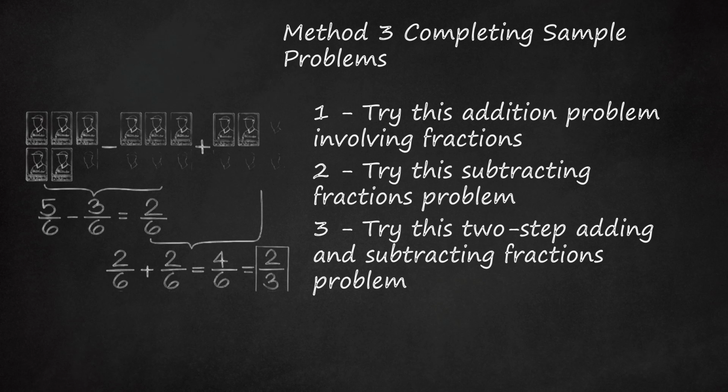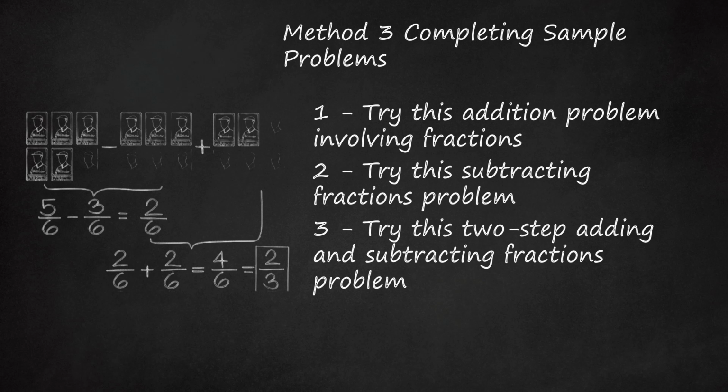To find out how much of the set Donna has after giving cards to Essie, you must calculate 5/6 minus 3/6. Subtracting the numerators, you get 5 minus 3 equals 2.